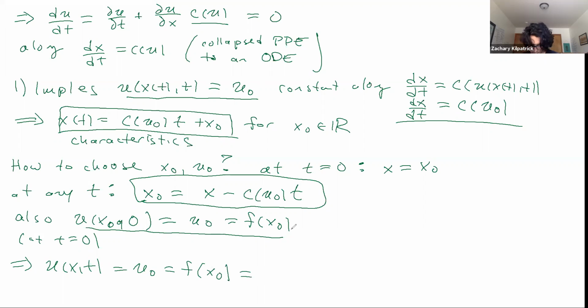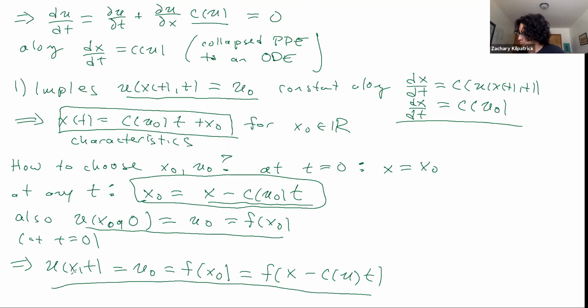And I can replace f of x0 with this definition of x0 here. So I get f of x minus c of u, but u0 is just u, so I just have c of u times t, okay? So this is now looking like that implicit solution that I had before, right? u is equal to f of x minus c of u t.